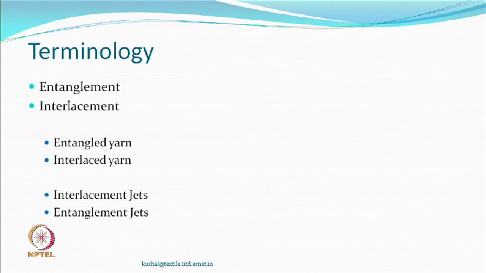What it means is the filaments have entangled or they have interlaced. The yarn that has been subjected to this process could be entangled yarn or interlaced yarn, or the jets which are also used for this process are called interlacement jets or entanglement jets.